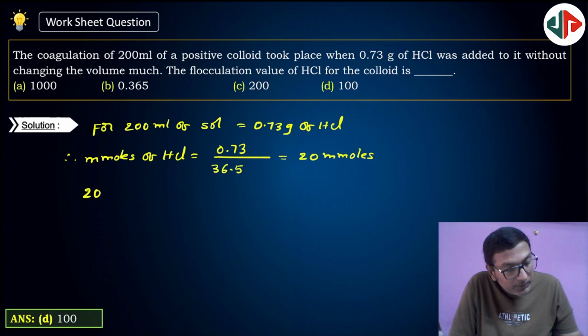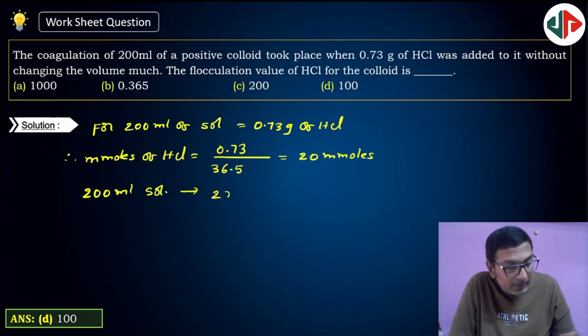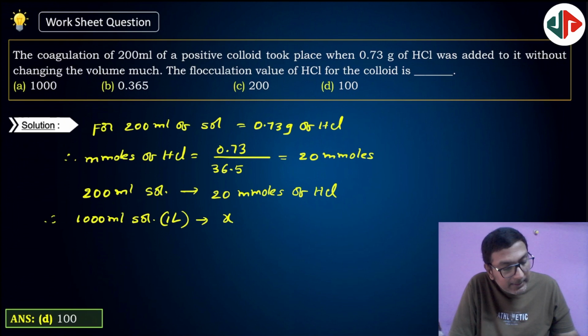So therefore 200 ml of solution requires 20 millimoles of HCl. So therefore 1000 ml sol, that is 1 liter, requires say X millimoles.